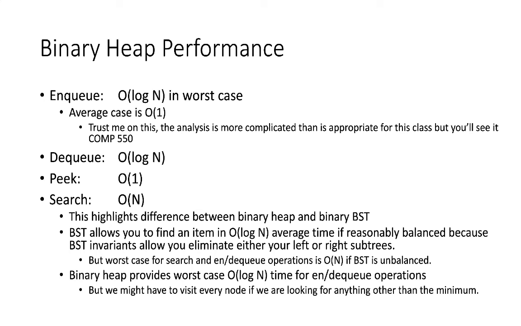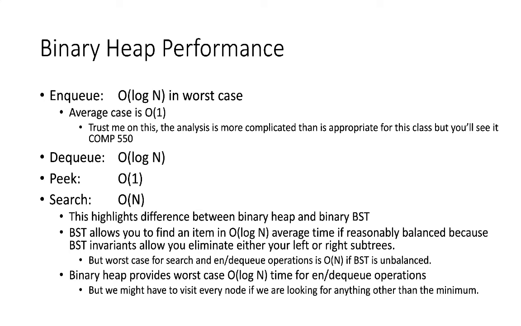And generally, that bubble down will start at the root and go all the way down to the bottom of the tree, and so that's a log n operation. To look at the minimum item without taking it out of the heap, that's a constant time operation because we know where the minimum item is. It's always at index 0, right?